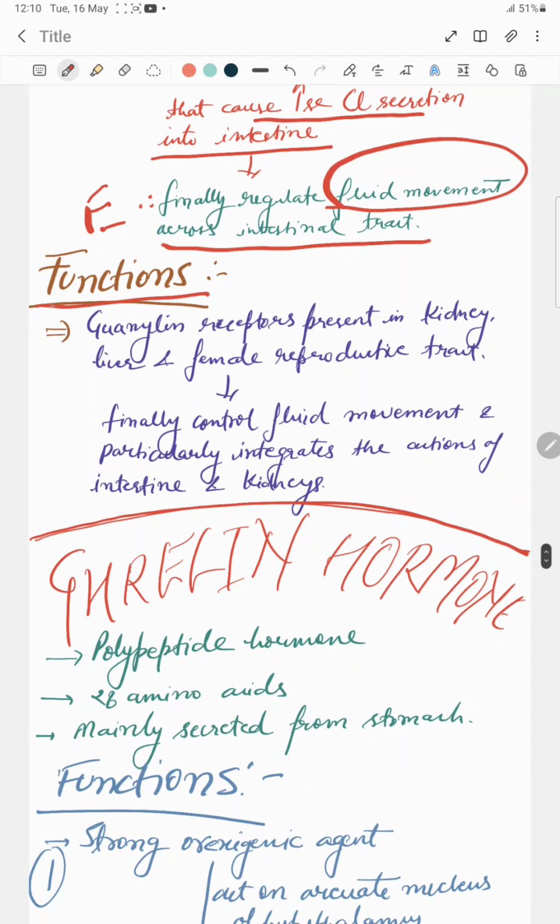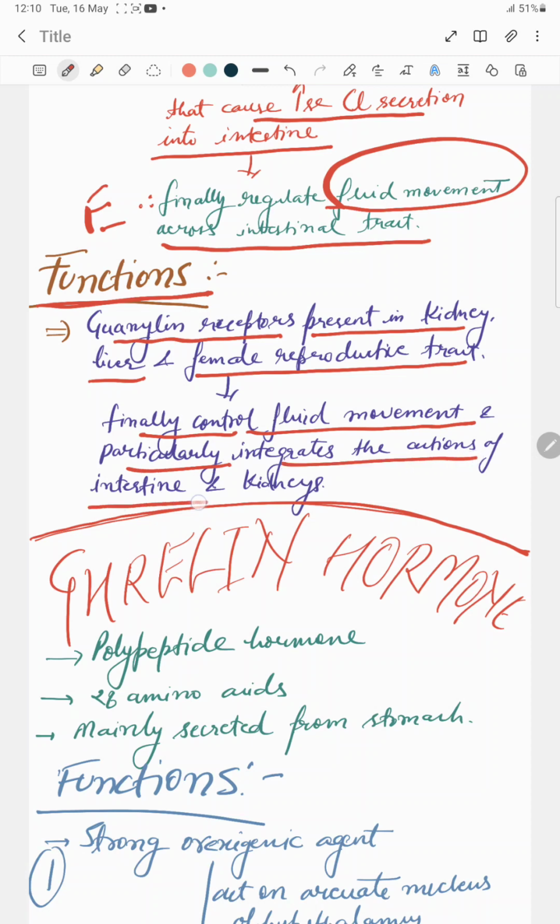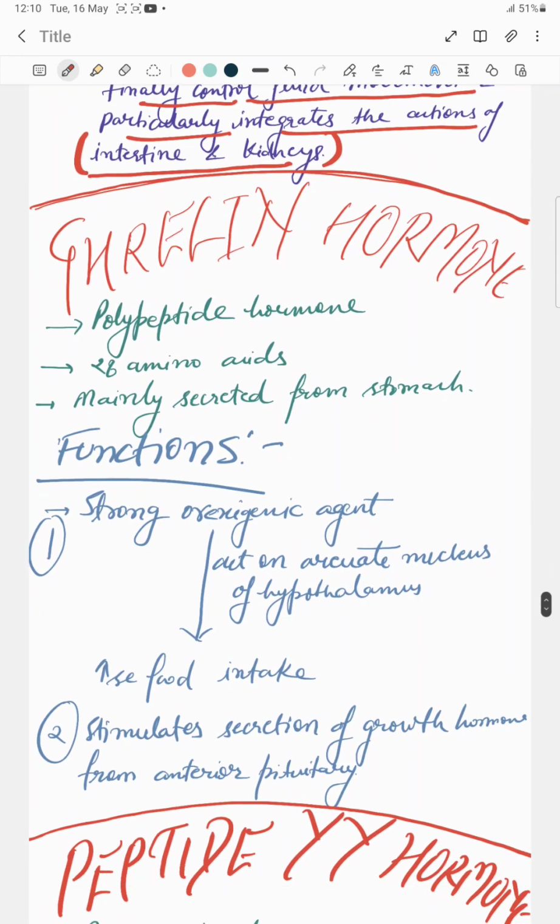Guanylin receptors are present in kidney, liver and female reproductive tract, and they control fluid movement and particularly integrate the action of intestine and kidney, because intestine and kidney basically play a major role in fluid management.